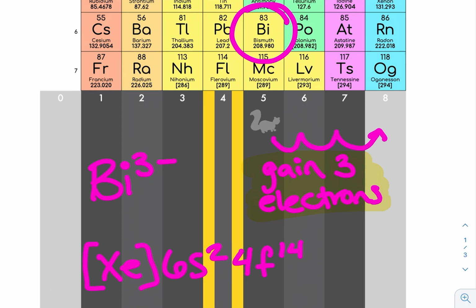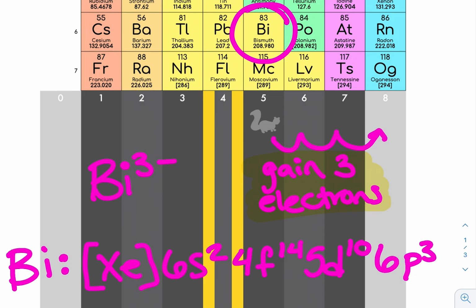The D block is going to be 5d10. And then we find ourselves in the P block, back to 6p3. So this is what the electron configuration would look like for neutral bismuth, before we change the number of electrons.